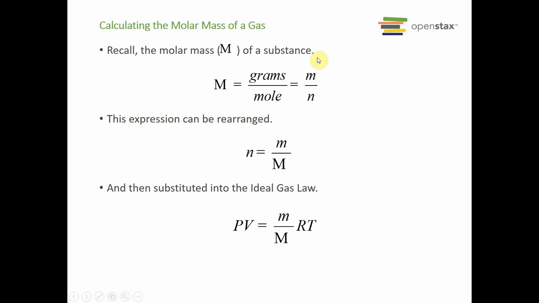Recall the molar mass of a substance is the grams per mole, or, I would have called it G instead of M, the mass divided by the number of moles. This expression can be rearranged as the number of moles is equal to the mass divided by the molecular weight, and then substituted into the ideal gas equation. PV equals the mass divided by the molecular weight times RT.